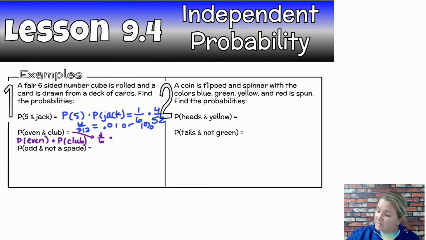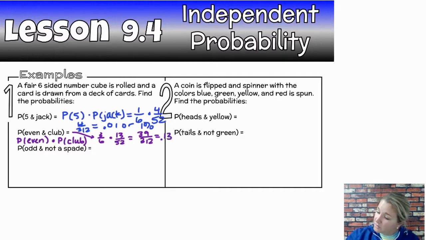So 3 over 6 times the probability of a club. There are 13 clubs in a deck of 52 cards, so 13 clubs divided by 52 total outcomes. Then I multiply top times top and bottom times bottom, and I get 39 over 312. Then I can divide those two.